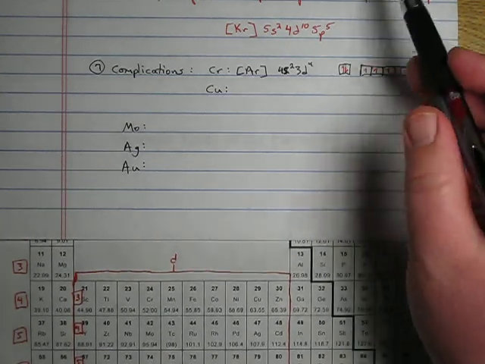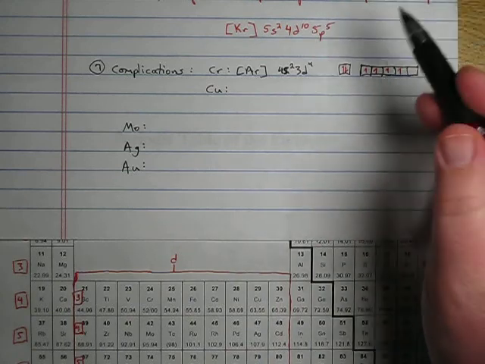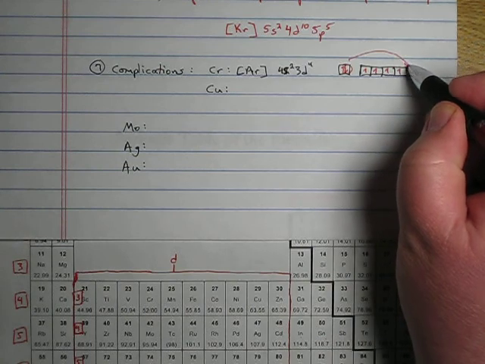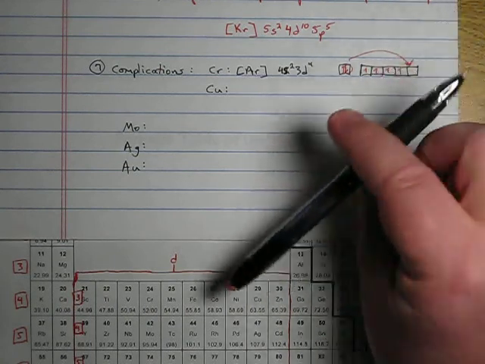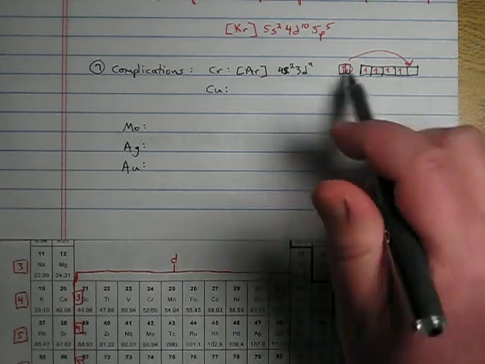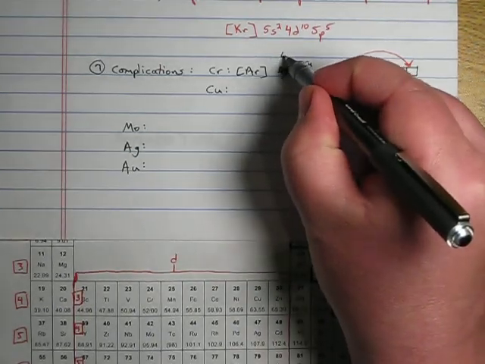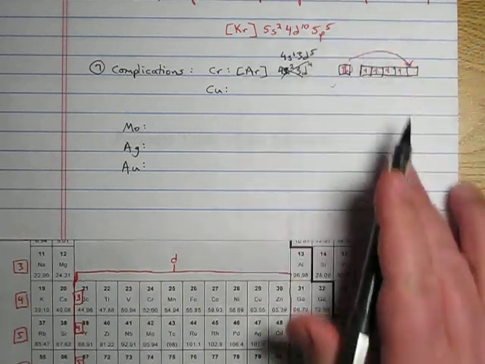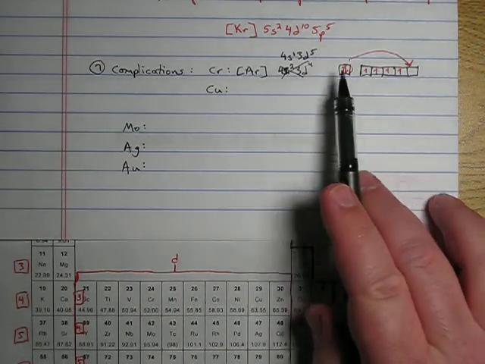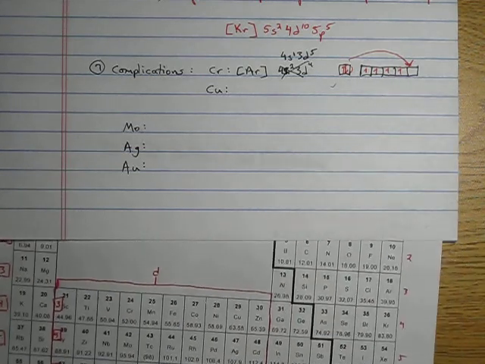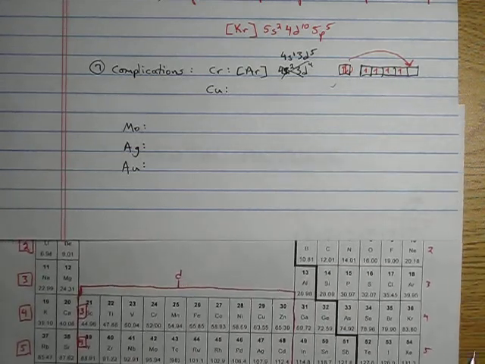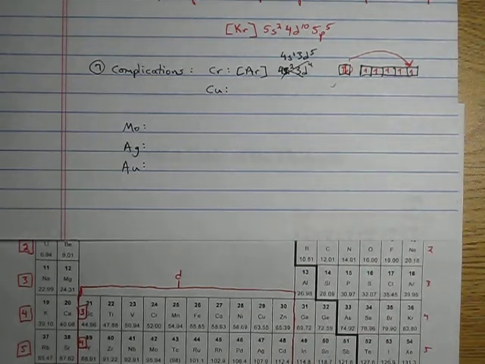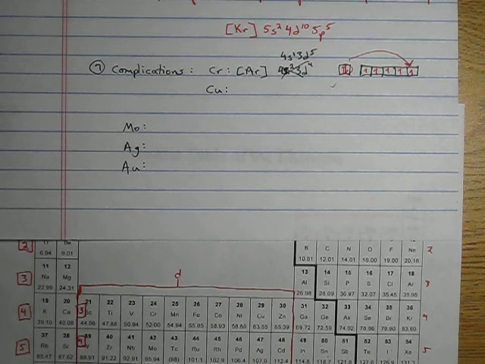It's decided that it's more stable, it's actually lower in energy to take this down electron and make it an up electron here. It is more stable for chromium to be 4s1, 3d5. Because 3d5 gives us 5 electrons that have the same spin and half fill that shell.